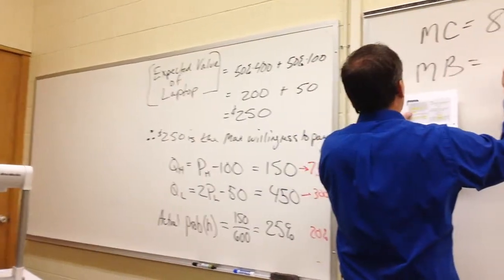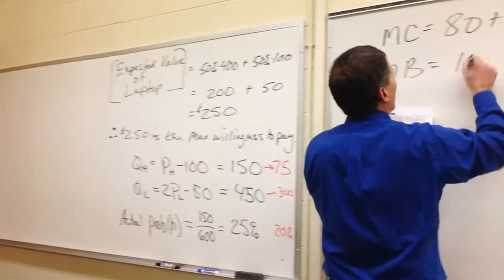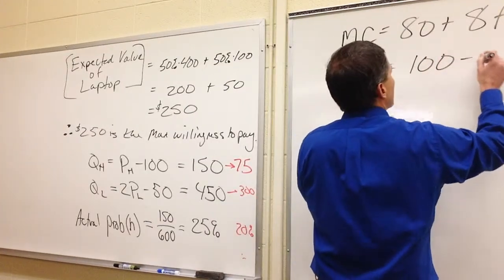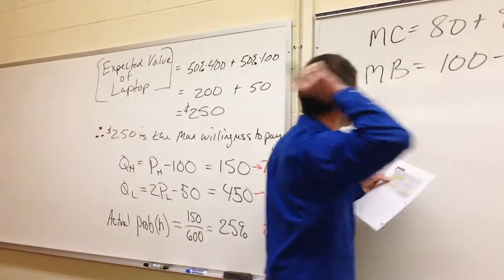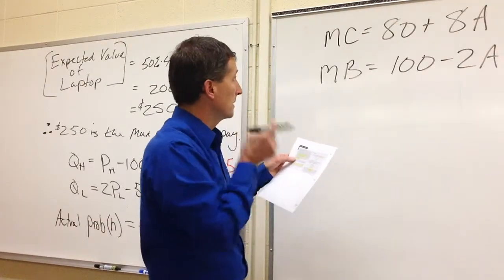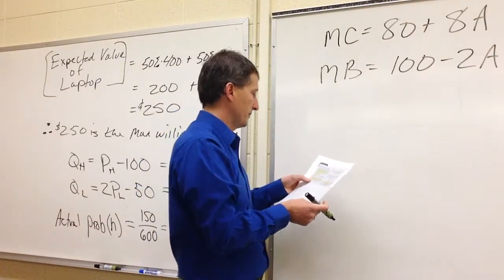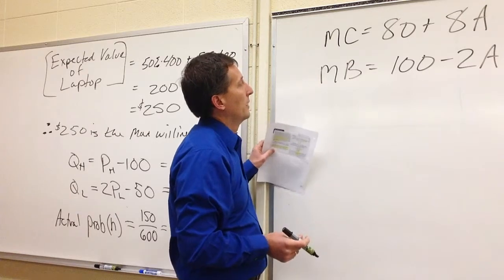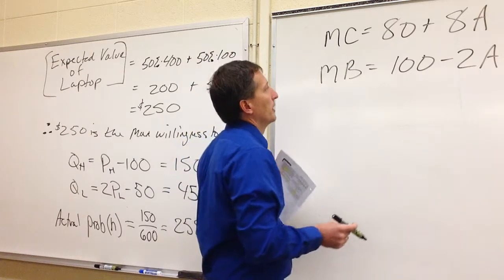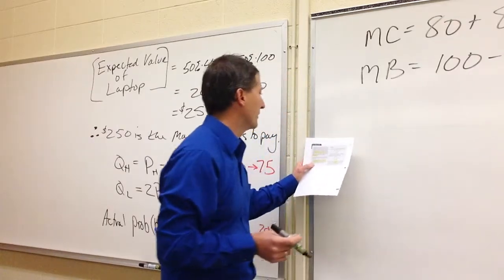The marginal benefit equal to 100 minus 2A. Set those two equal to each other. What is the optimal number of actions to take on their own?